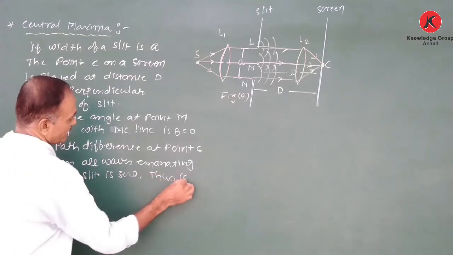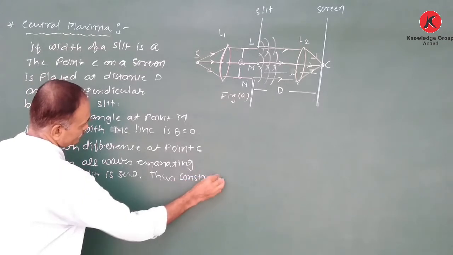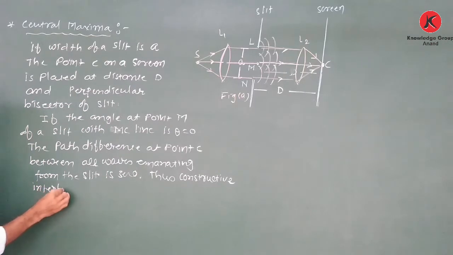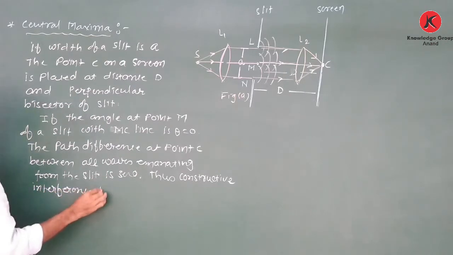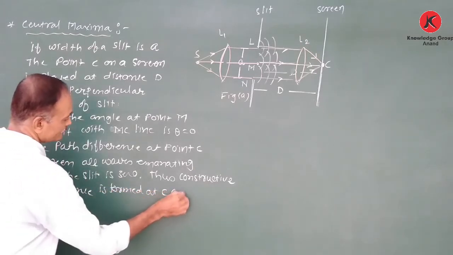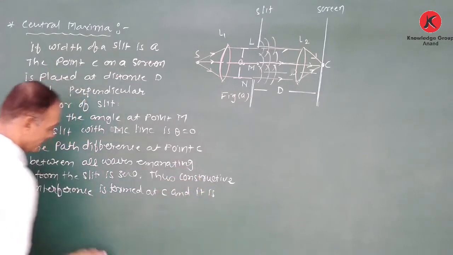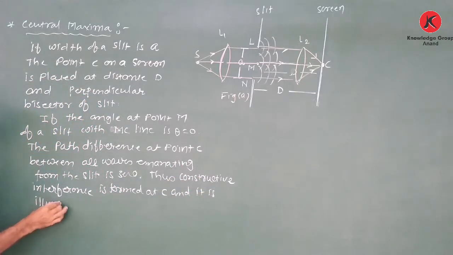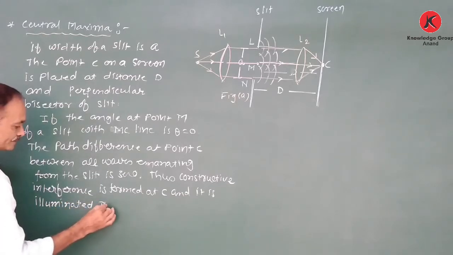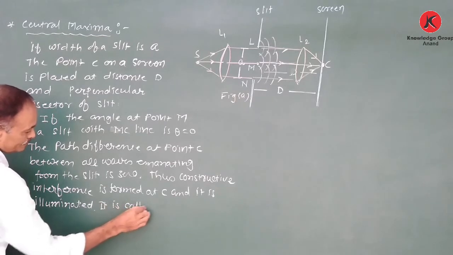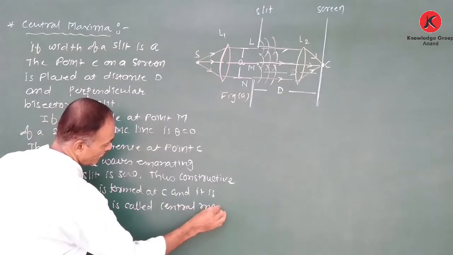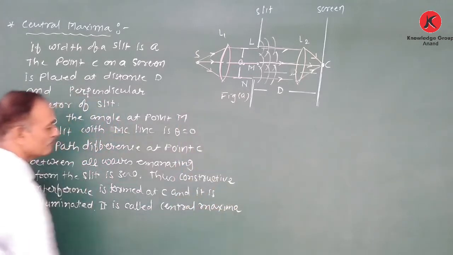Thus, constructive interference is formed at C and it is illuminated. That means shown on the black. It is called central maxima or central maximum.